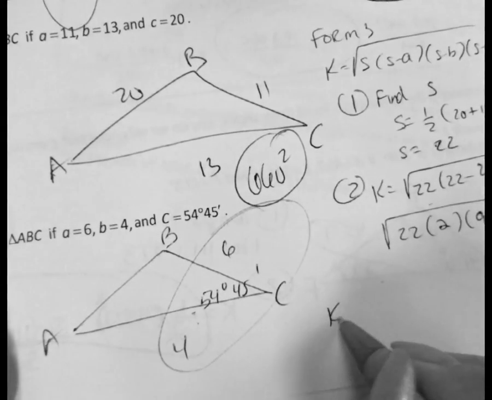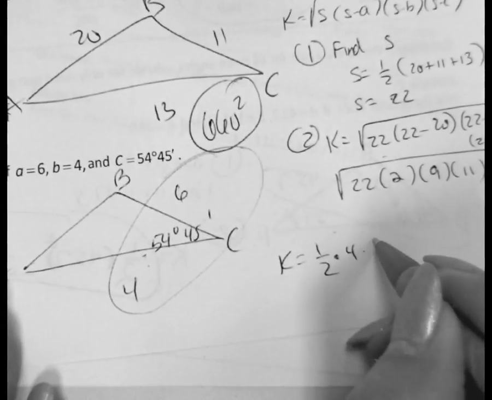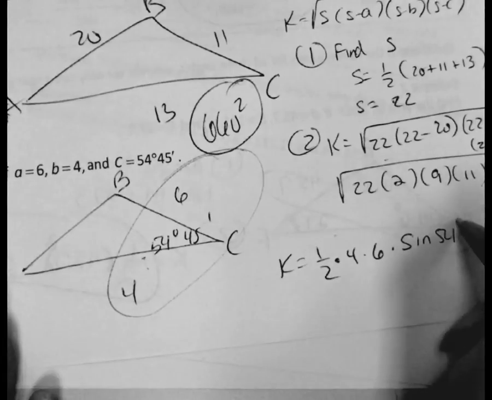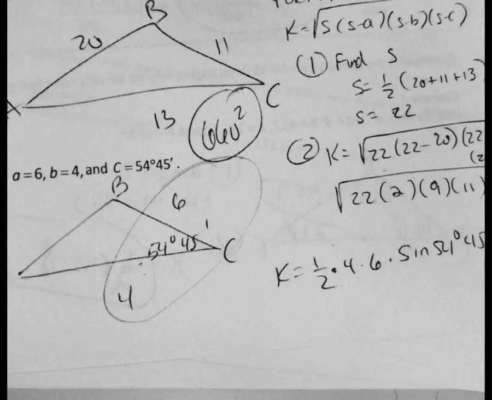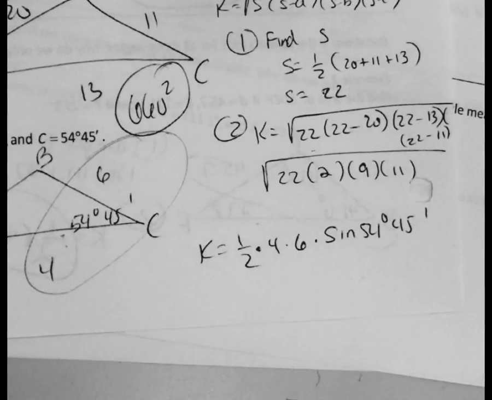Area is 1/2 side times side times sine of your angle. Punch it in your calculator and you'll have your answer. Straight plug and chug.